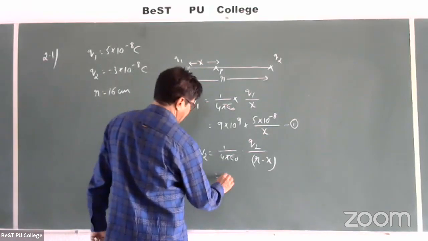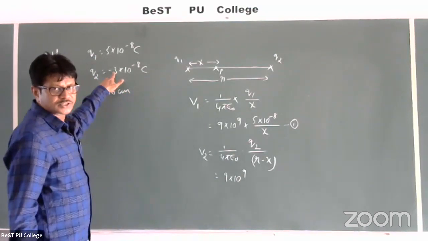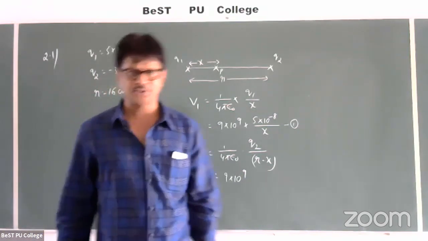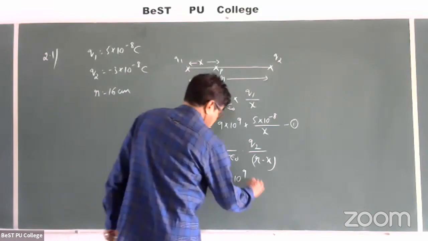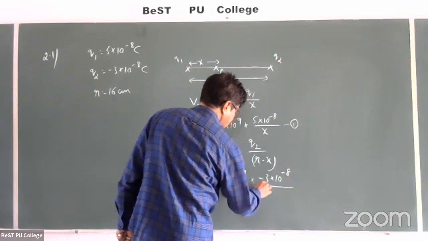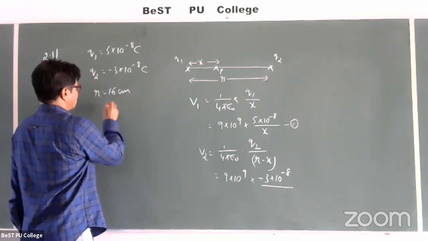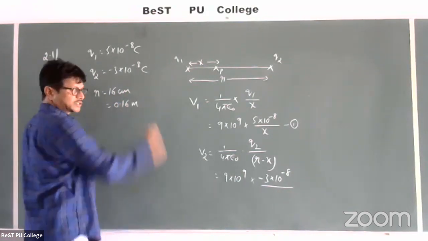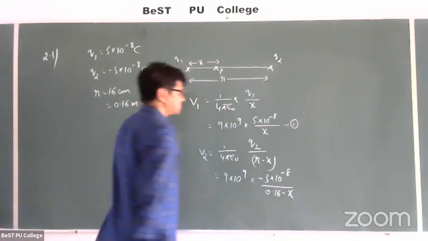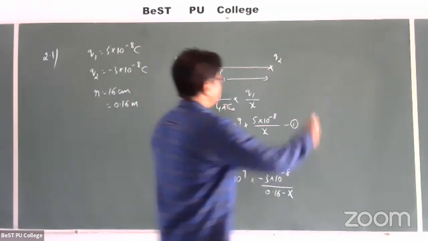Now, which is equal to 9 into 10 to the power of 9 times Q2 value. As we discussed, if charge is negative, we have to consider negative only, because the potential due to negative charge is negative potential. So minus 3 into 10 to the power of minus 8 divided by r minus x. R is in centimeter. If you convert into meters, 0.16. So I can write it as 0.16 minus x.